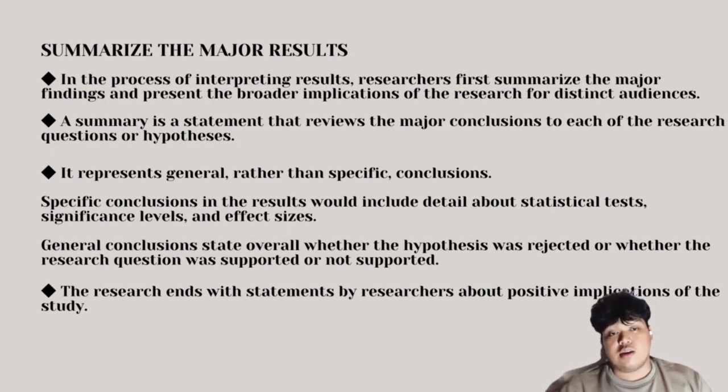So, specific and general conclusions. It's important to understand the difference between specific and general conclusions. Specific conclusions include details about statistical tests, significance levels, and effect size. On the other hand, general conclusions provide an overall assessment of whether the hypothesis was rejected or if the research question was supported or not.